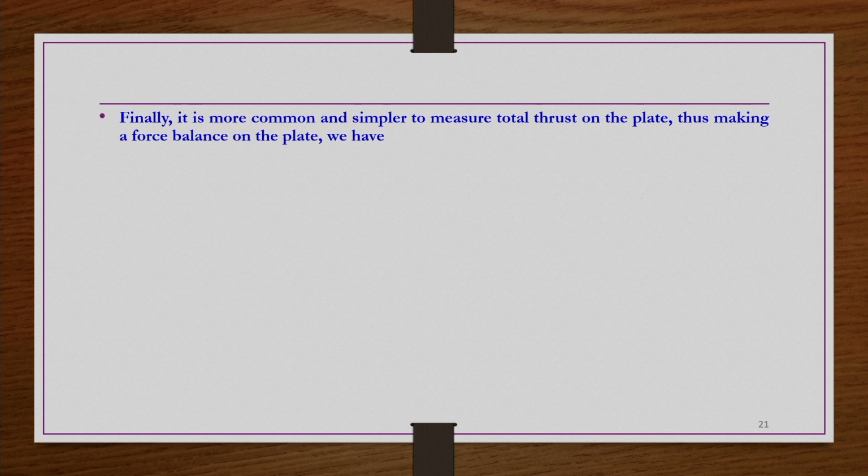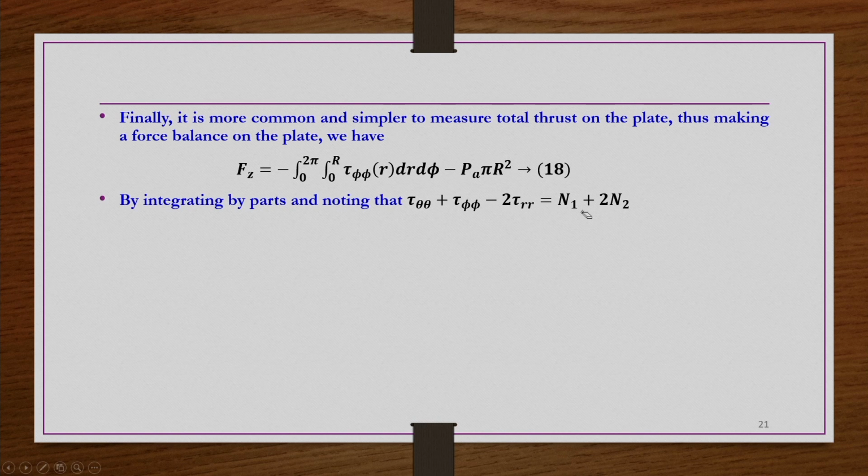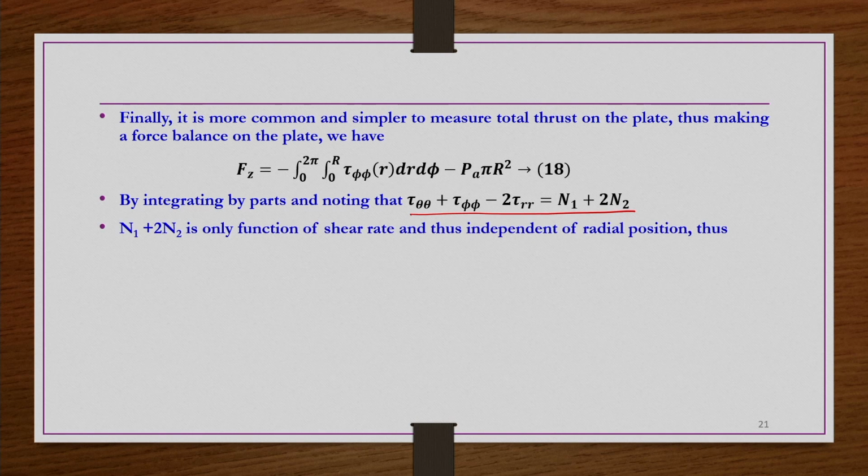Thus, by making a force balance on the plate, we have the force due to the thrust, F of z, equals this expression, where Pa is the ambient pressure. Now, integrating the above equation by parts and applying the results from the previous slide, we know that n1 plus 2 n2 is a function of shear rate and is independent of radial position, because the shear rate is almost constant, as we have seen.